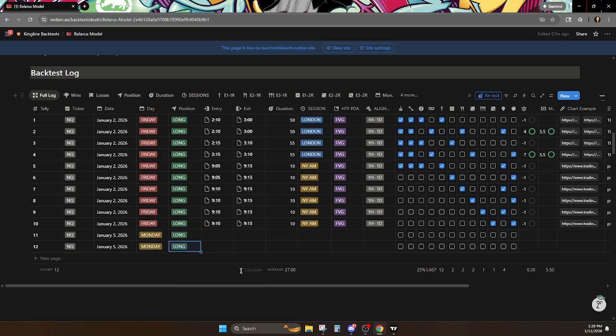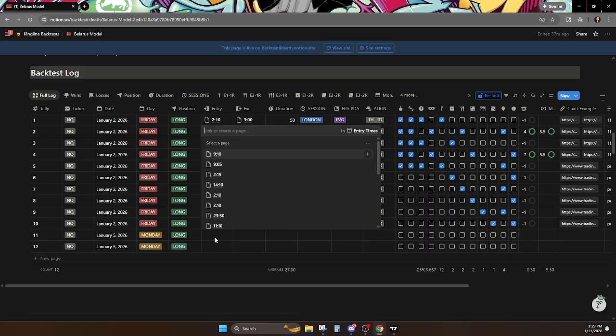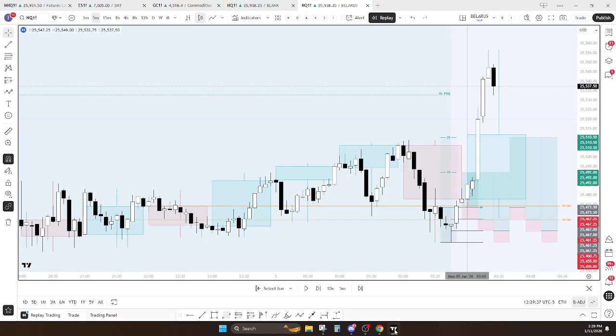Long, long. Beautiful. Entry at 3 a.m. and exit on both were at 3:10.